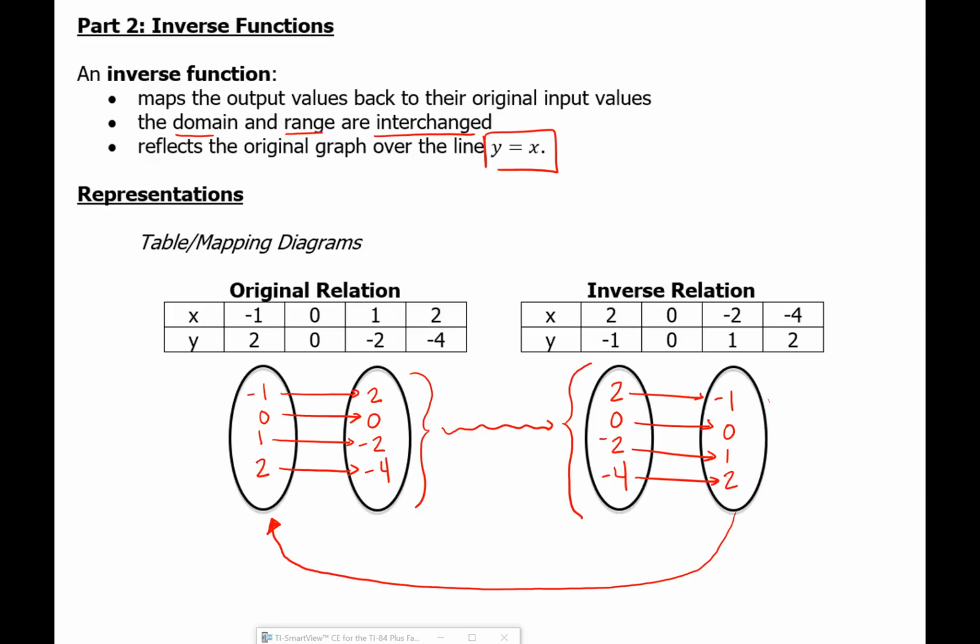This is what an inverse relation is. It takes the x values and the y values and it swaps them. The x values become the y values from before, and the y values, the range, are the same as my original domain was. It just flips them over.